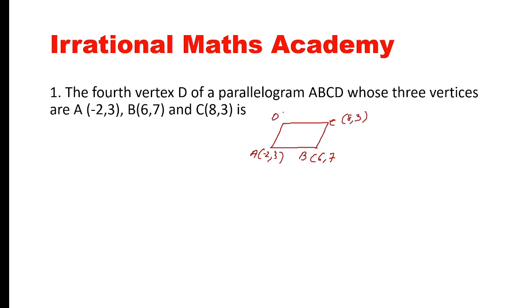And let us take D coordinate as (x, y). So in a parallelogram, we know one property that diagonals bisect each other. Okay, what we know? Diagonals bisect each other.